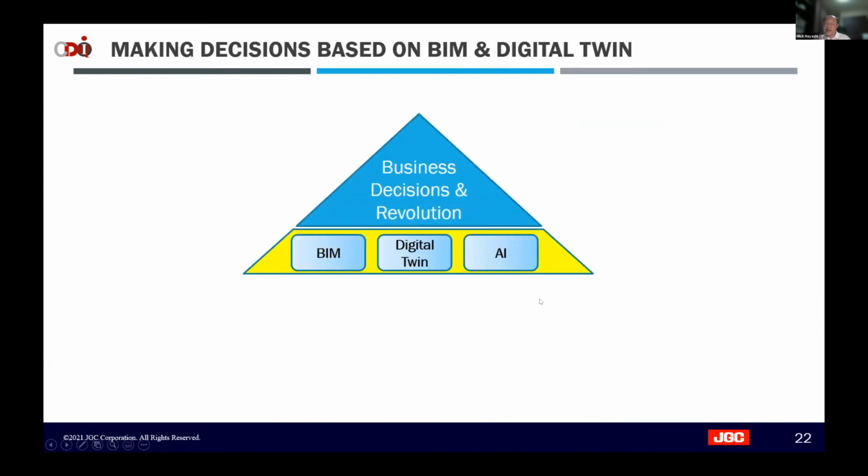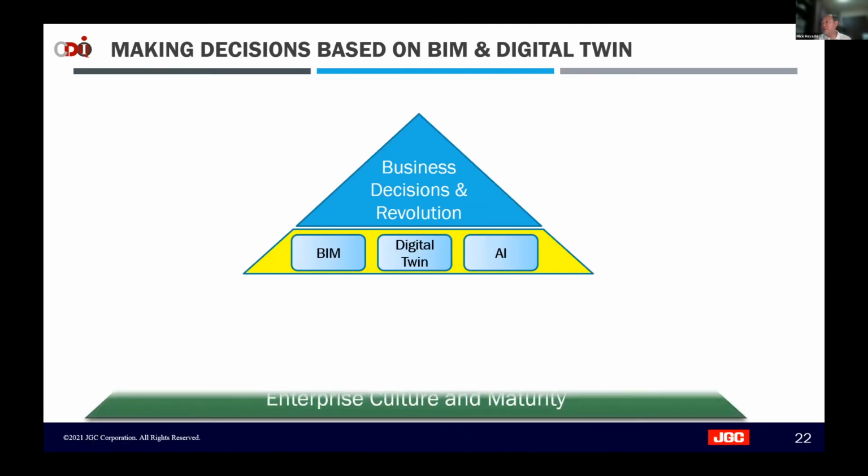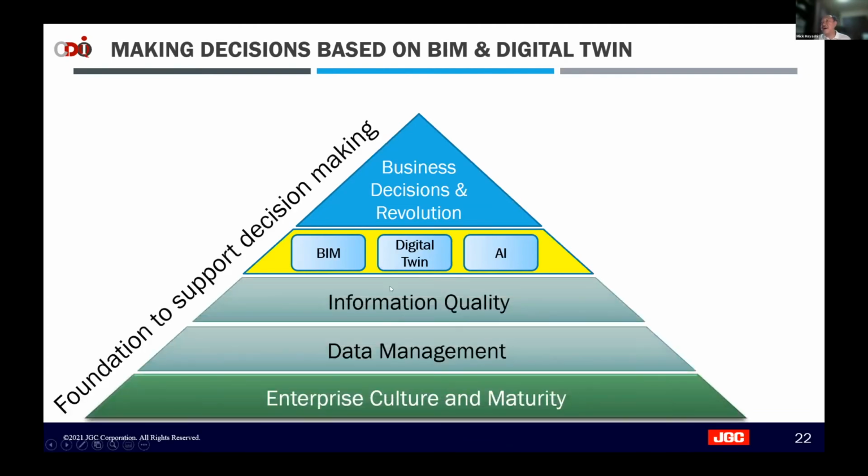So, as I explained many times in this presentation, BIM, digital twin, or even AI is a foundation for business decisions and revolution. But they are supported by information quality and data management, which are actually supported by enterprise culture and maturity.